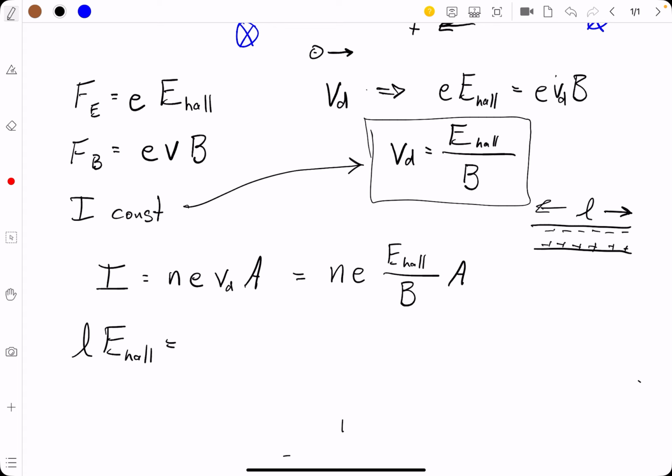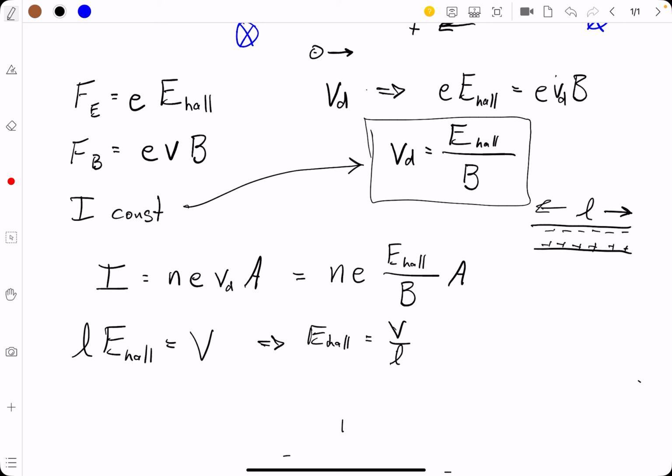And we get that that is, of course, our voltage. So that gives us that our E Hall is equal to our voltage over L.